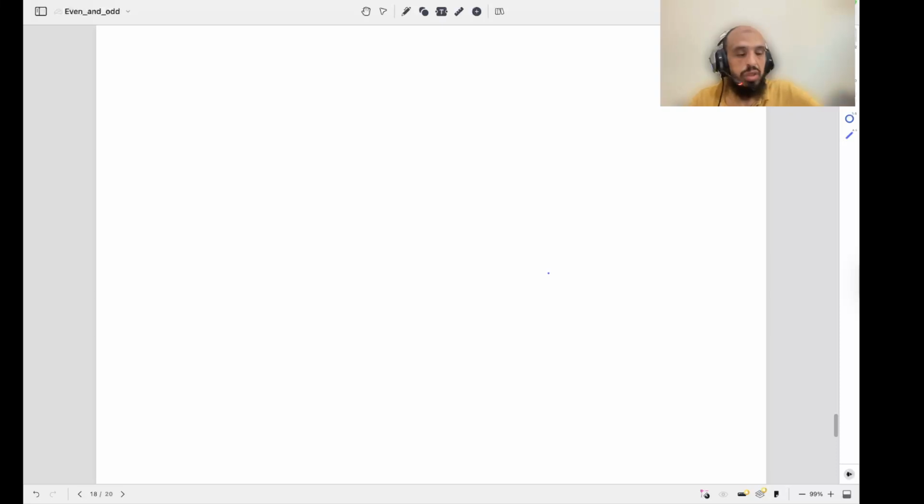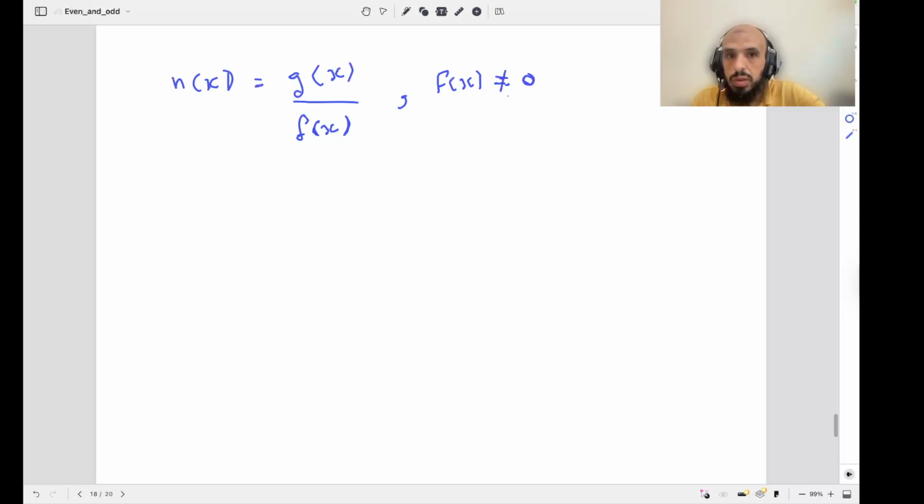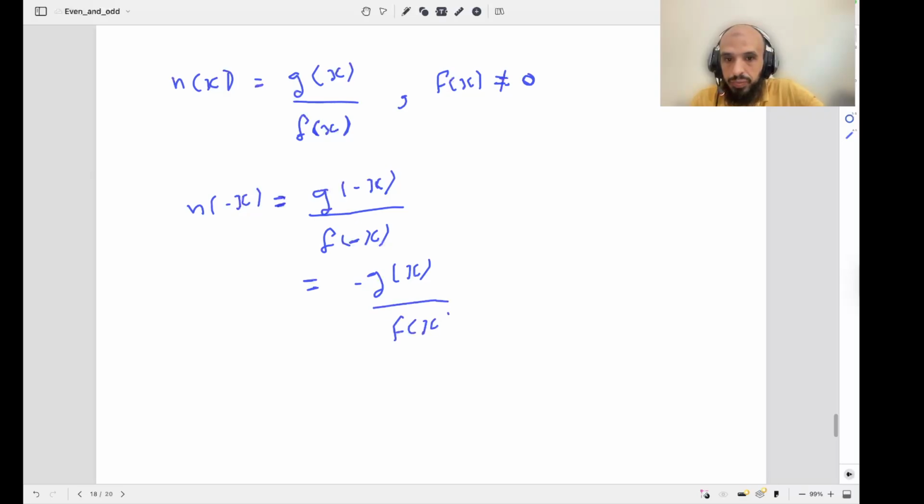Okay. Now let's check division. If n of x equals g of x divided by f of x, where f of x is not equal to 0, so n of negative x is going to be equal to g of negative x divided by f of negative x, which is equal to negative g of x divided by f of x, which is the negative of the original function, negative n of x.